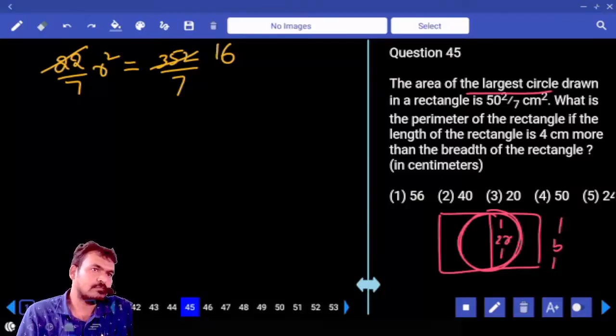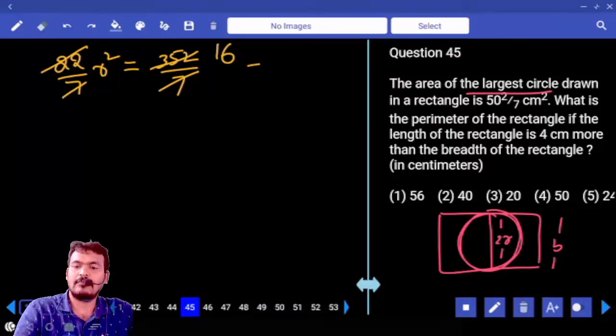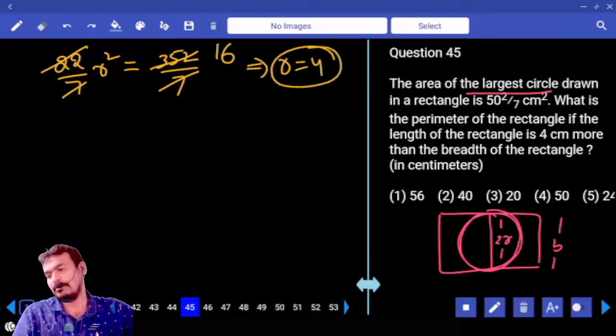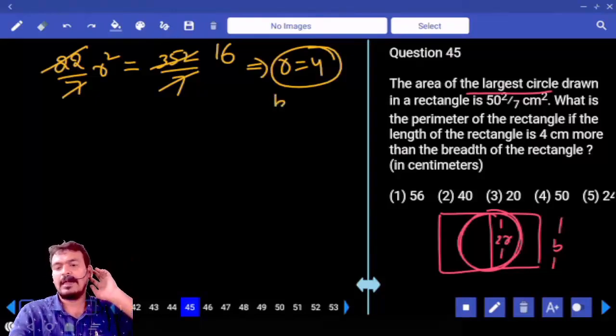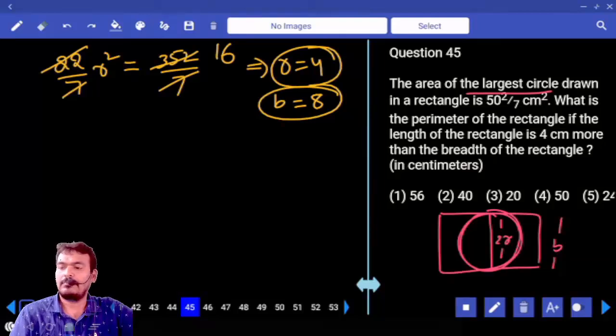The 7 cancels, so r square equals 16, and r is 4. R value 4 means the breadth of the rectangle is 8. If the breadth is 8, then the length is 12.